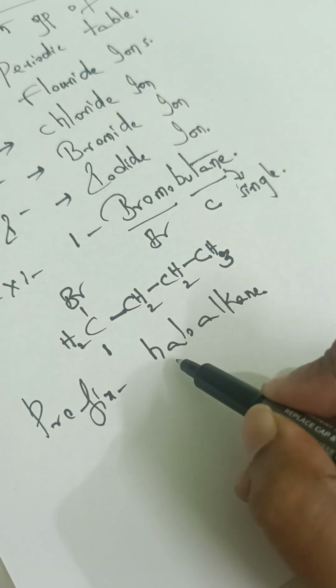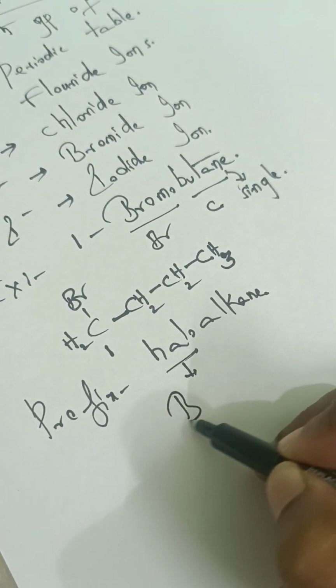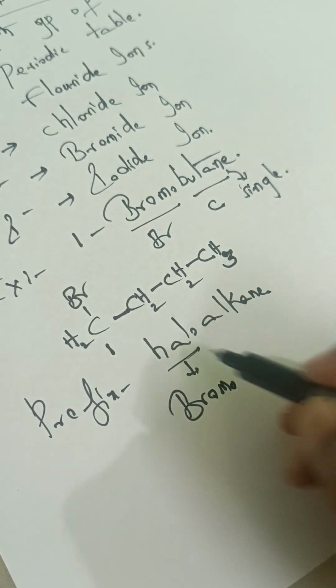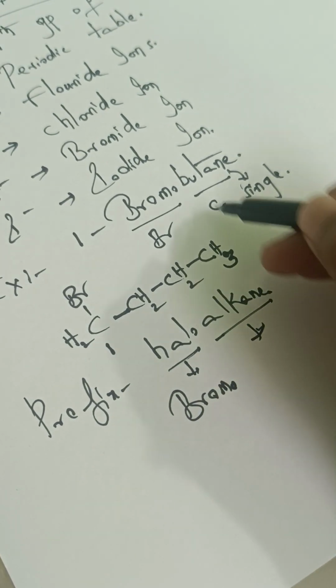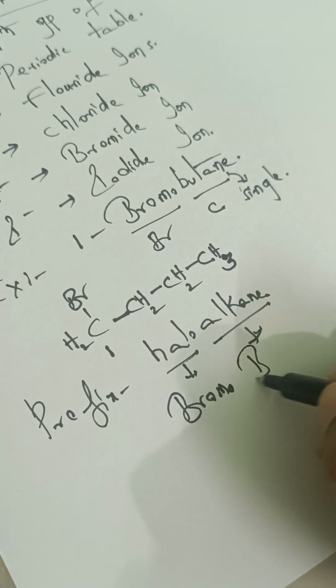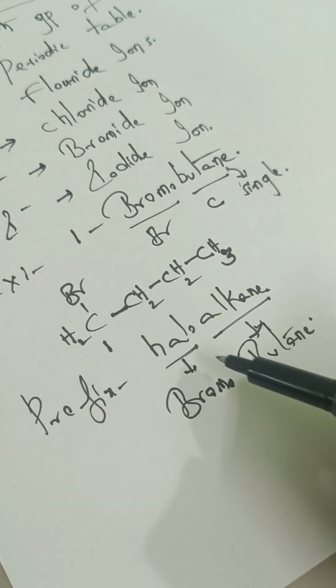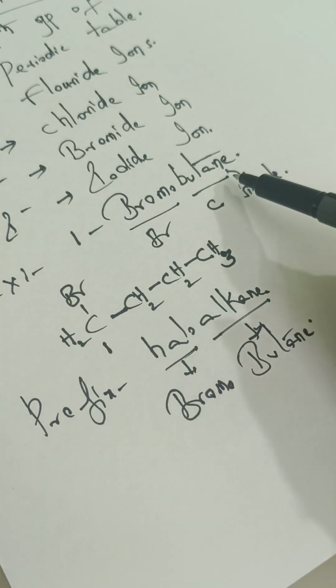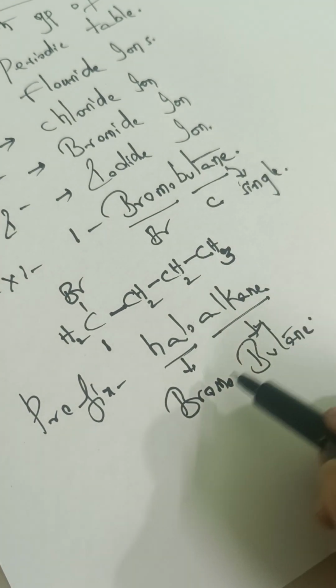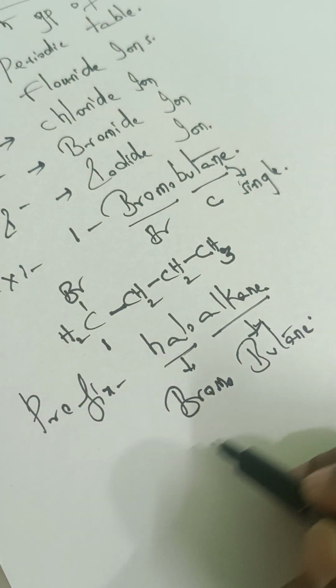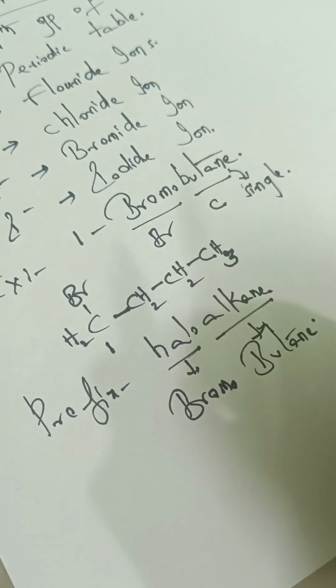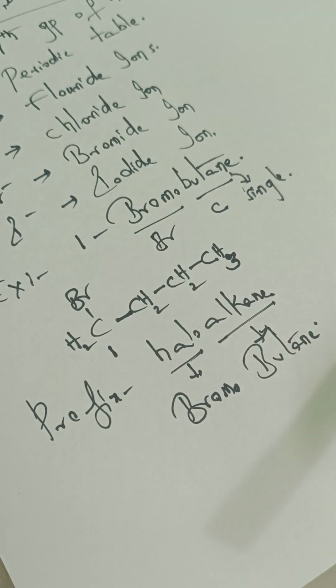They have taken bromo. Bromo is the halo. What is the alkane here? Butane. So halo is bromo and the alkane is butane, so we name this as bromobutane.